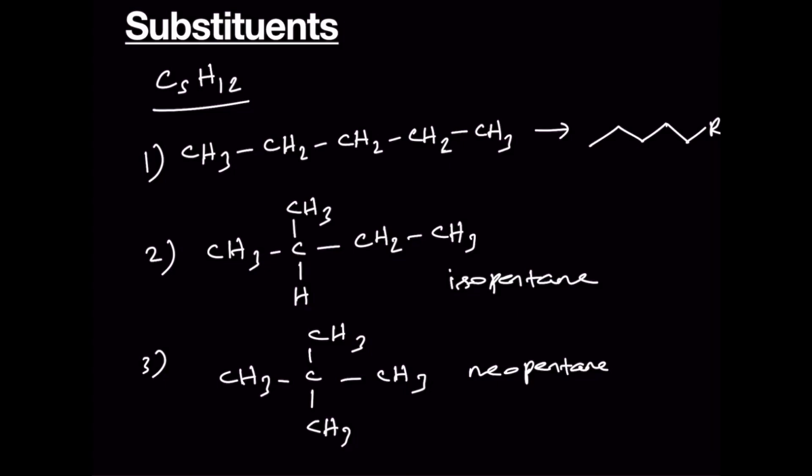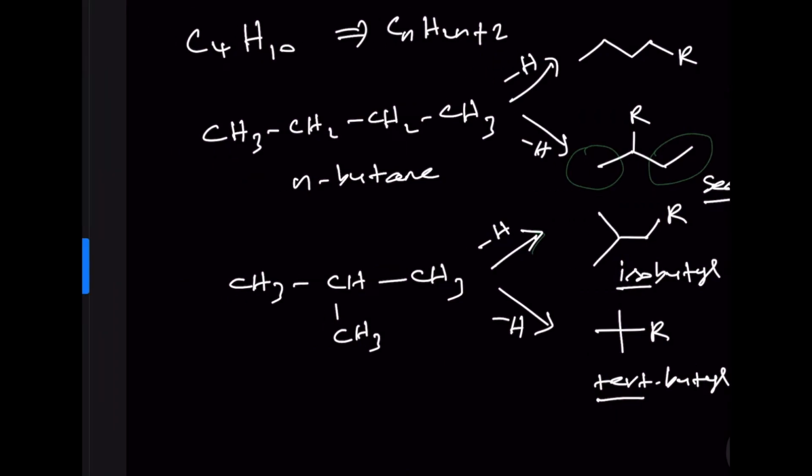Likewise for isopentane. It can also have substituents that are non-alkyl, like a halogen atom. It could be either fluorine or chlorine or bromine or iodine, but when it comes as a substituent, we do not use the word fluorine, chlorine, bromine, iodine, we use fluoro, chloro, bromo, iodo.